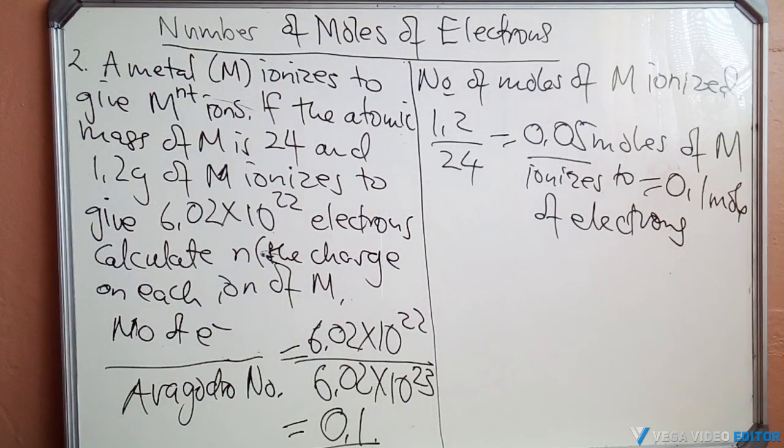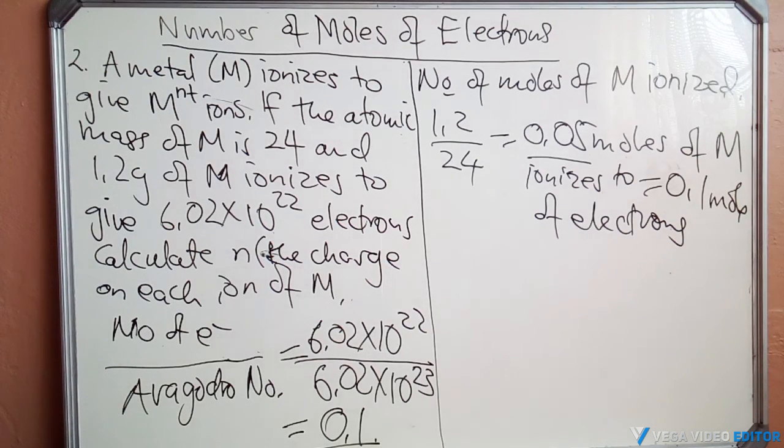Now that we are there, we can then go ahead and look at 1 mole of M. What does 1 mole of M give? That way we can find the total amount of moles of electrons.